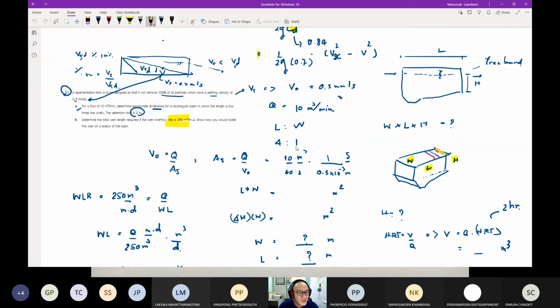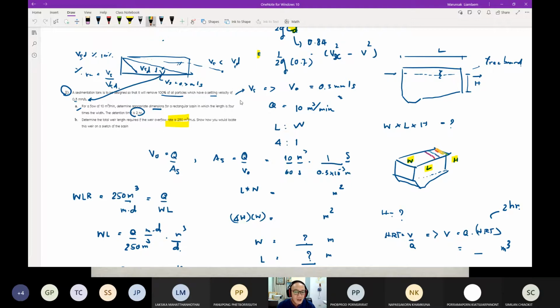So this is the ratio. And the detention time we pick up from the criterion table. It is 2 hours. So we already have the flow rate and the detention time. We will now calculate the volume.